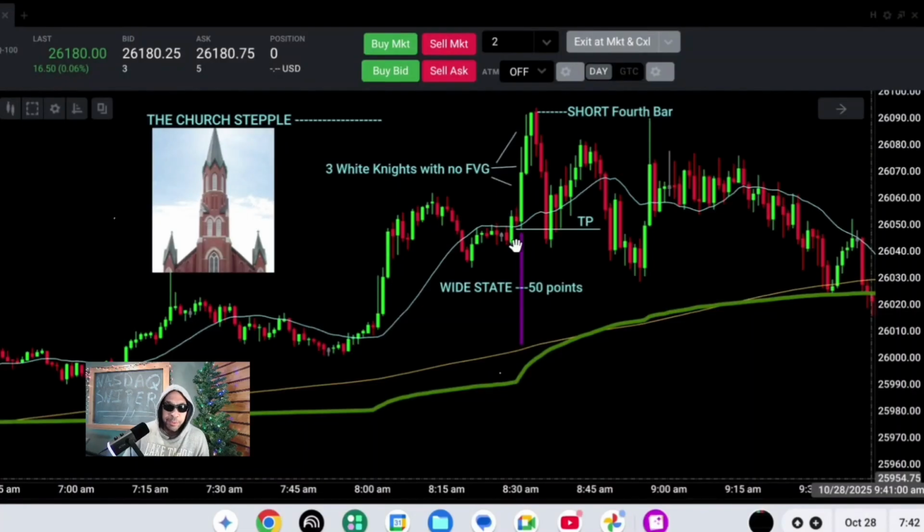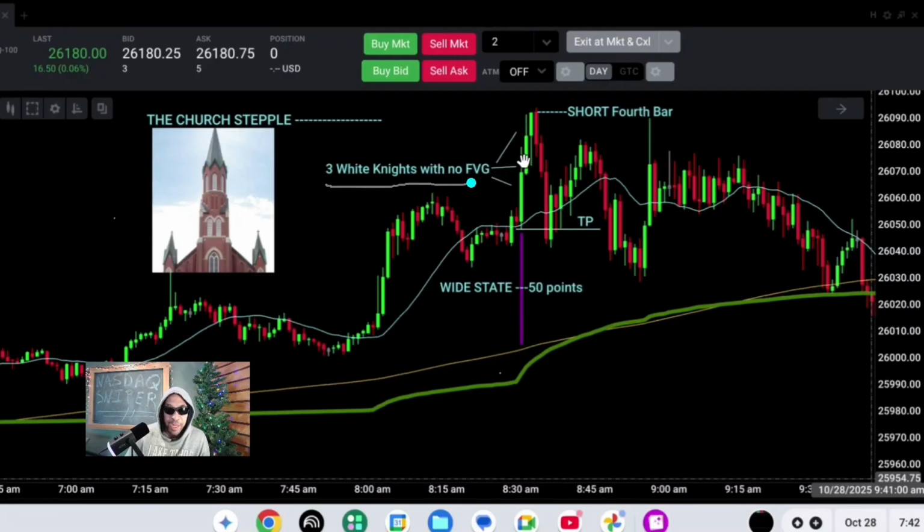The church steeple. This is, again, the same setup. At 8:30, what you have is a wide state. It's 50 points away. The child is 50 points away from the parent. And so what you're looking at is what is going to happen on the first 3 minutes. So right here, this is the first minute, 2, 3. Guess what? 3 white knights, but guess what?